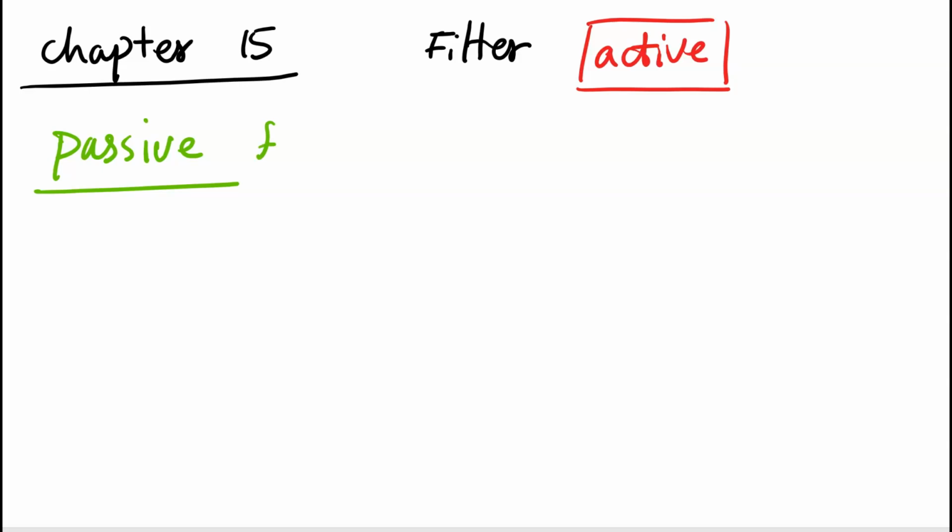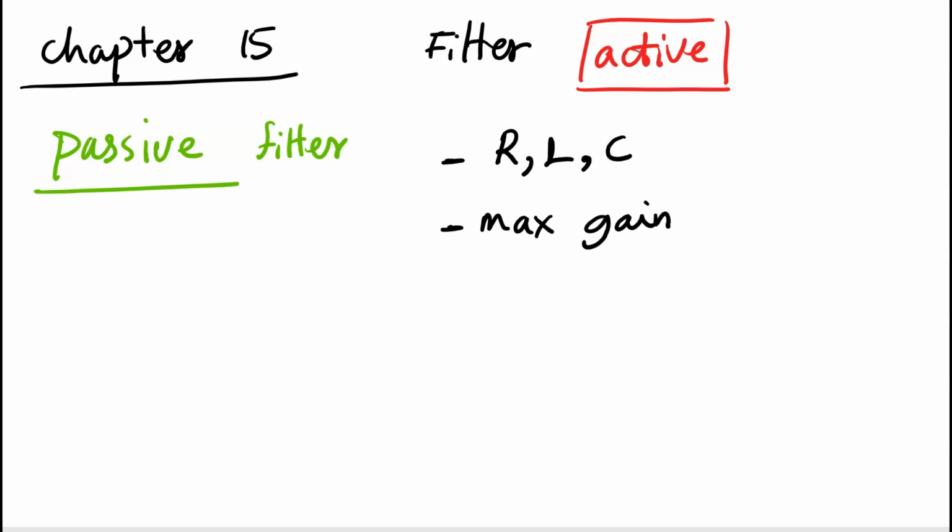If I'm talking about a passive filter, it means that I'm making my filter using R, L, and C. So I'm only using passive components such as inductor, capacitor, or resistor to make the filter. Consequently, because I'm only using passive elements, the maximum gain that I might get is equal to 1.